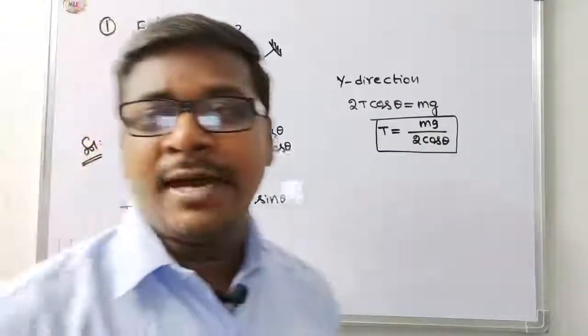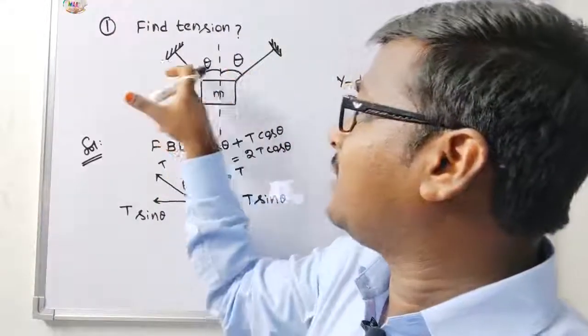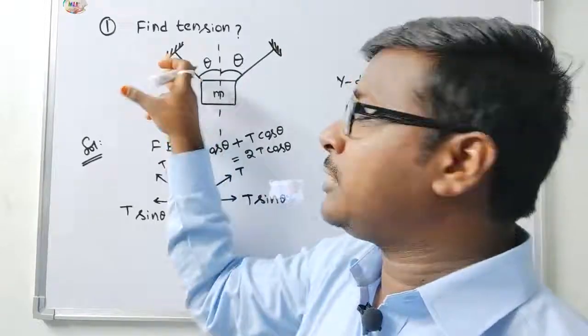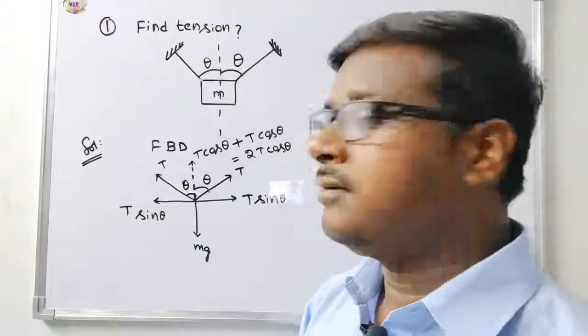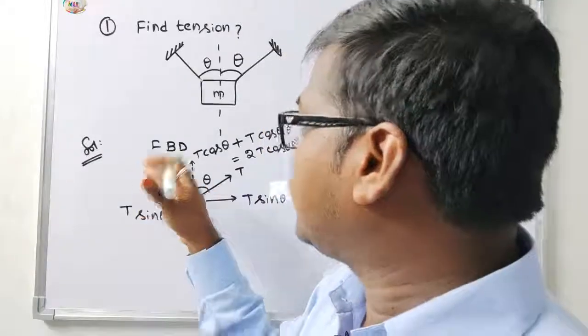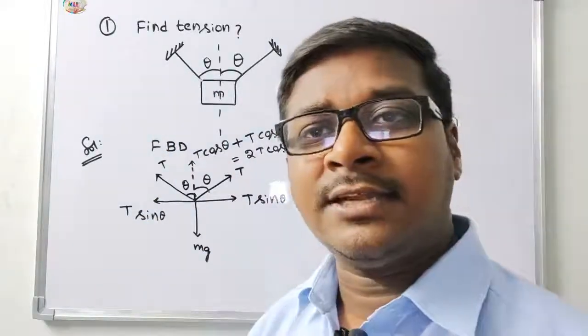So, a block of mass m is connected at its two corners to strings attached to the ceiling. Each makes an angle theta, so resolve into horizontal and vertical components, T cos theta and T sin theta.